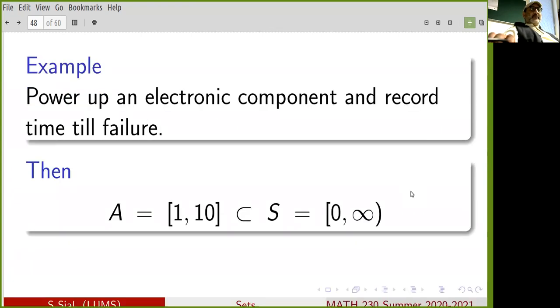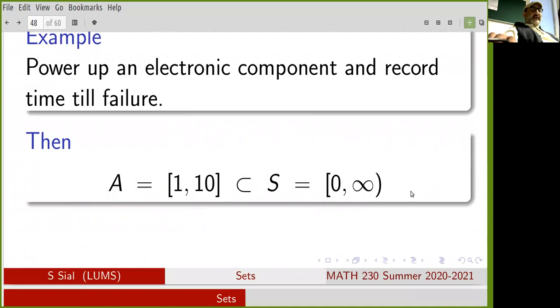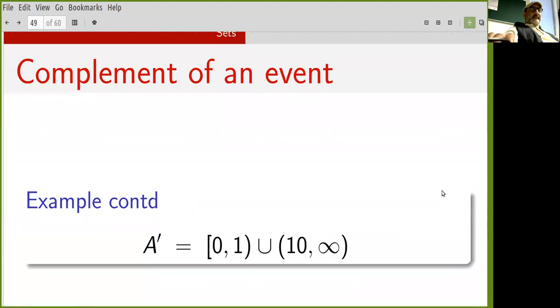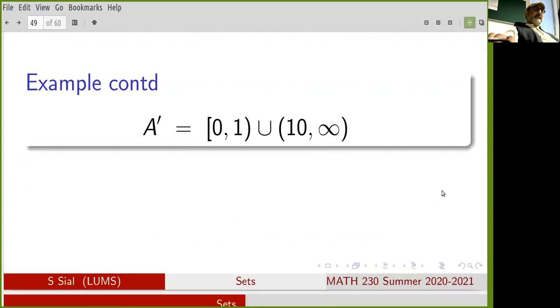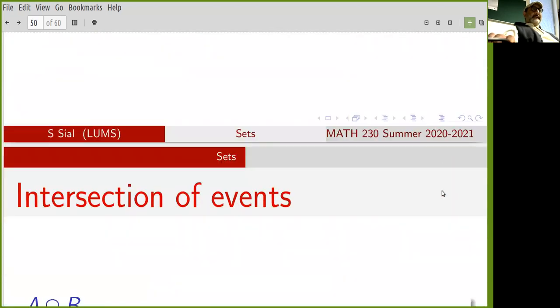And now what is the complement of A? That would be anything which lasts from 0 to 1, not including 1, and anything which lasts from not including 10 up to infinity. So that's what A complement looks like, and that's also an event.